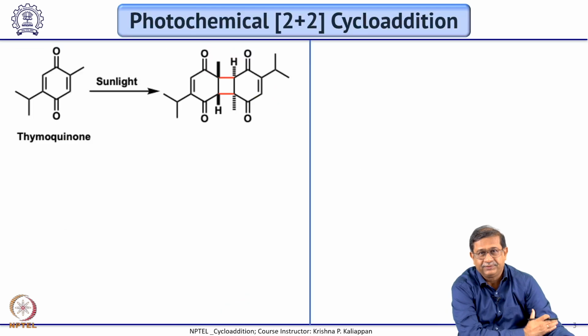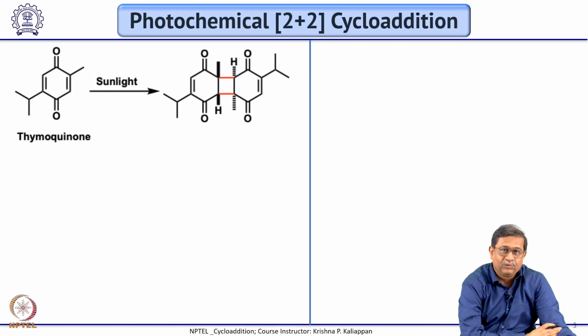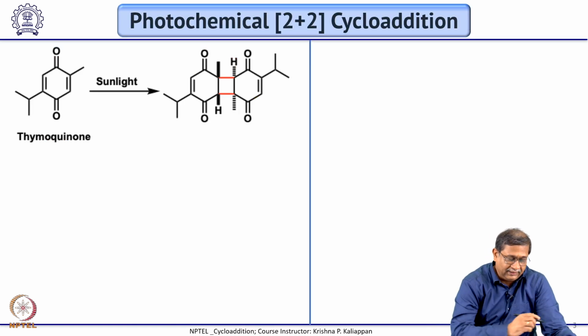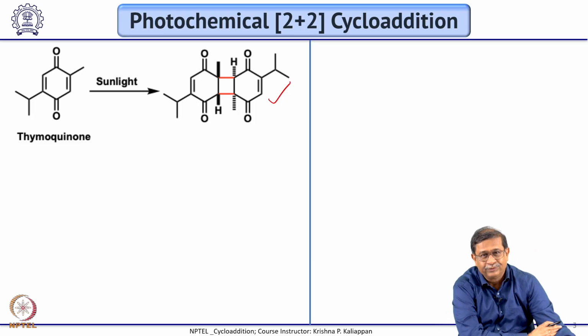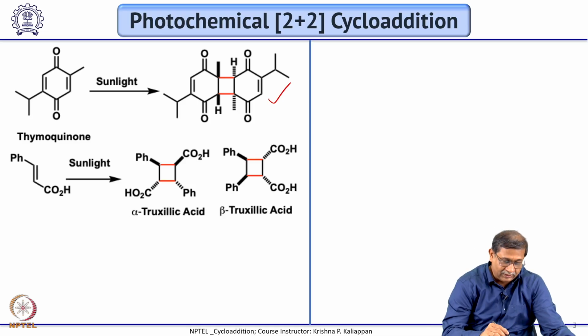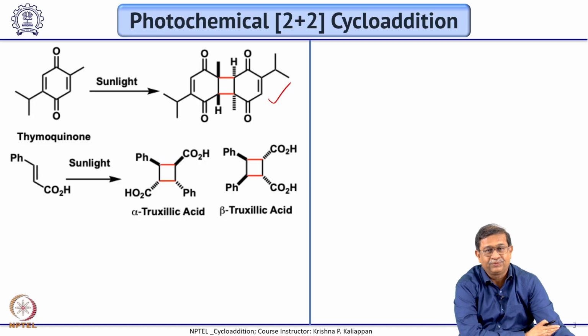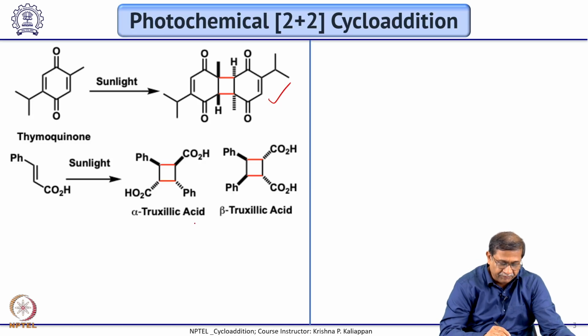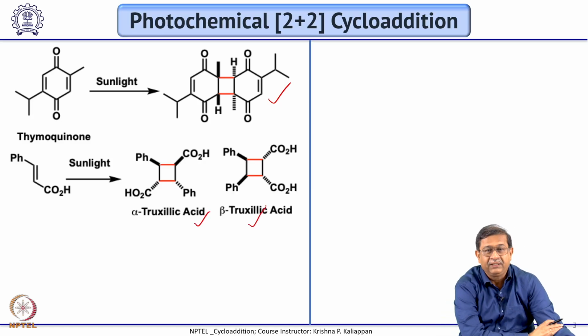So that's the history of photochemistry. When you look at photochemical 2+2 cycloaddition, one of the earliest reported in the literature was the dimerization of thymoquinone. You can see the trans ring junction, as well as head to tail 2+2 cycloaddition, and similarly the dimerization of cinnamic acid to give alpha and beta truxillic acid.